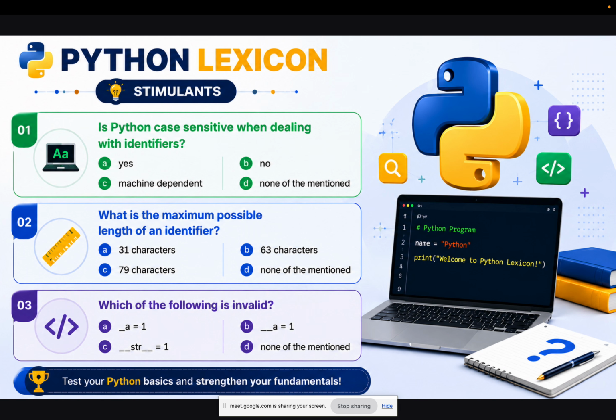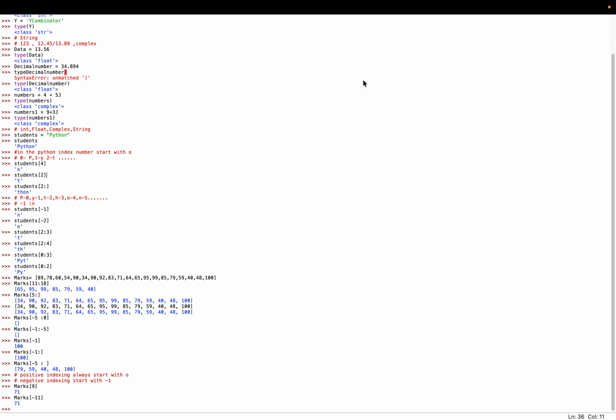Now, here is the question: which of the following is invalid? All are valid. All are good actually, because if we use an underscore at the start, that is not considered wrong.